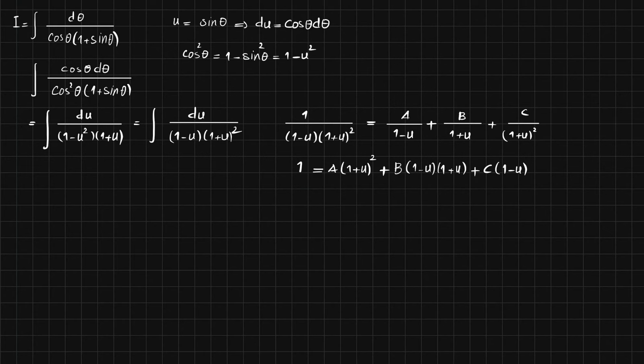Okay, and of course I can expand this. So this becomes equal to a times the first one squared plus 2 times the first one times the second one plus the second one squared, and then I have b.